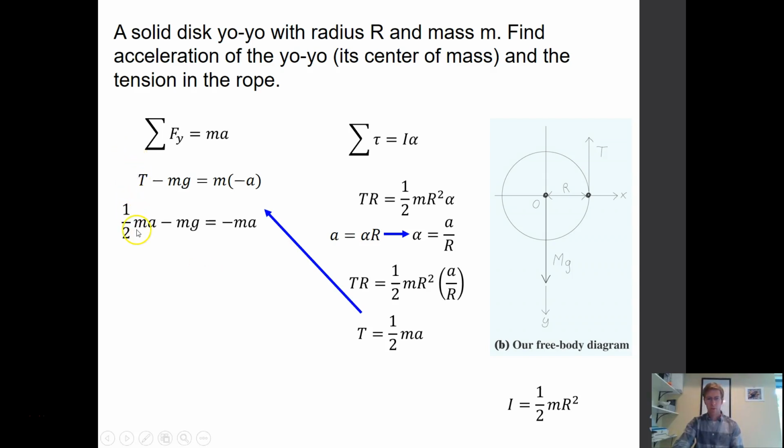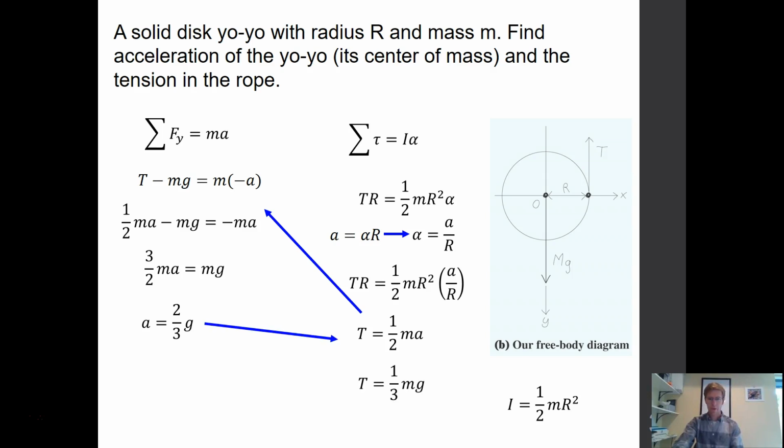So for T, I put in 1/2 ma minus the weight equals -ma. So do some algebra. I get 3/2 ma equals mg. My m's cancel. Pop the 3/2 to the other side as 2/3. And my acceleration is just 2/3 times the acceleration due to gravity.